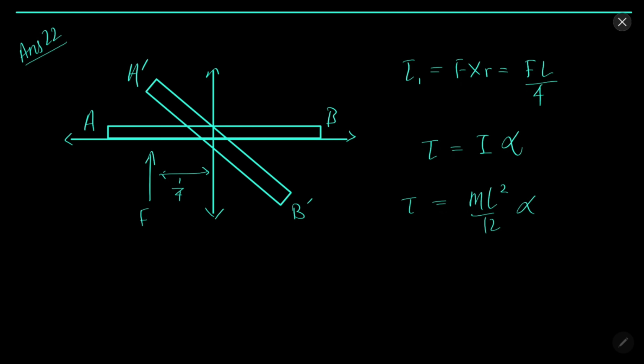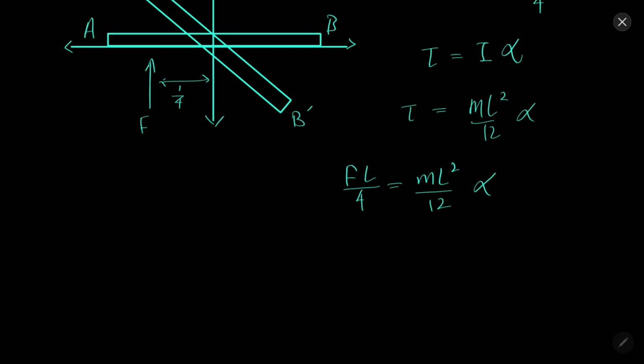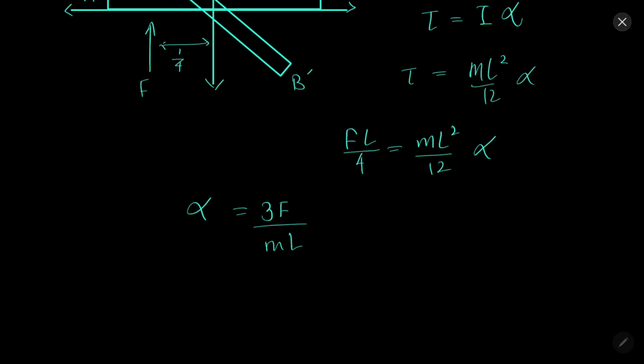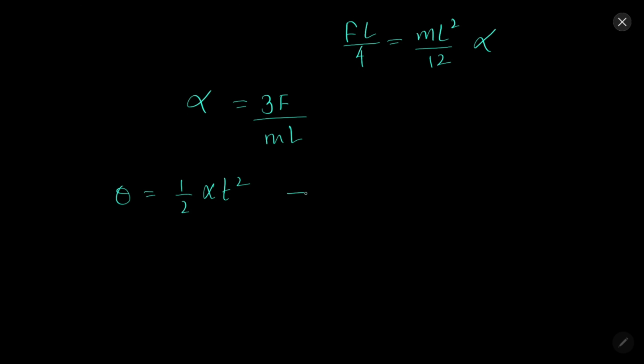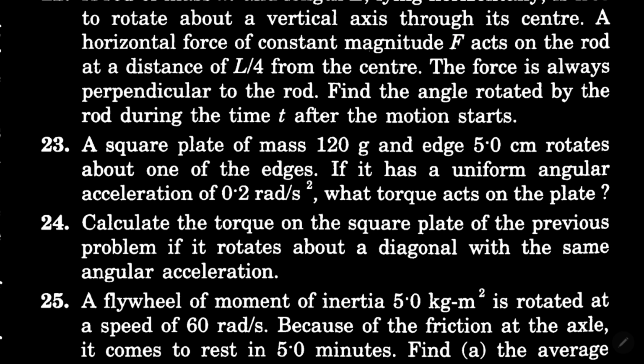So FL by 4 is equal to ml square by 12 into alpha. So alpha will come out to be 3F over ml, and theta is omega t plus half alpha t square. Omega is 0 initially, so it will give us half times 3F over ml times t square. So this will be the angular displacement.